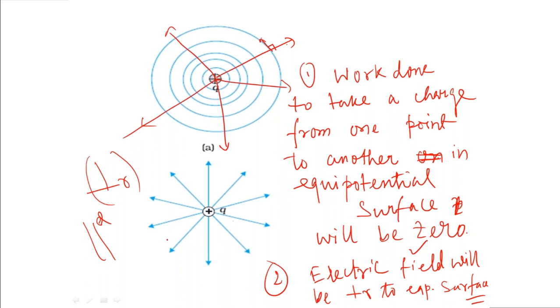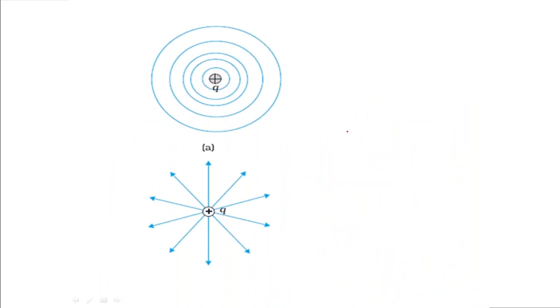Now if my electric field is given, suppose this is my x, y, z Cartesian coordinate. Now if I have been given a uniform electric field, which is actually parallel lines.